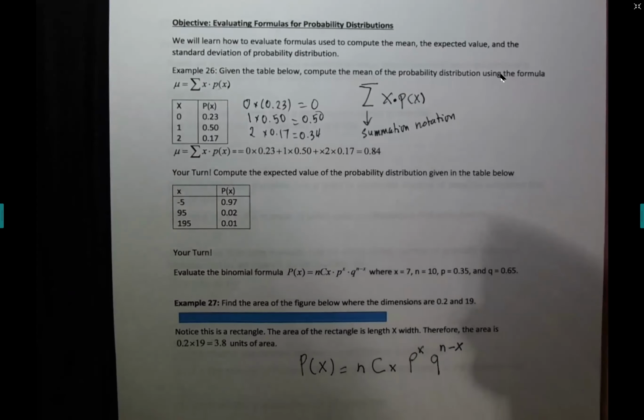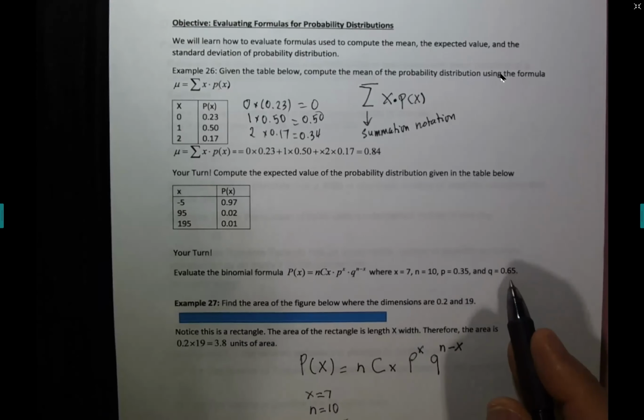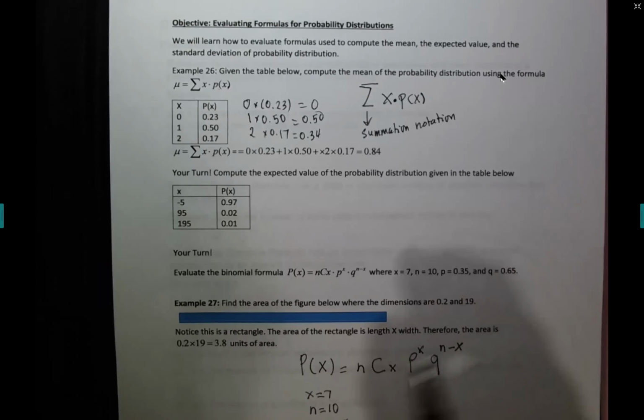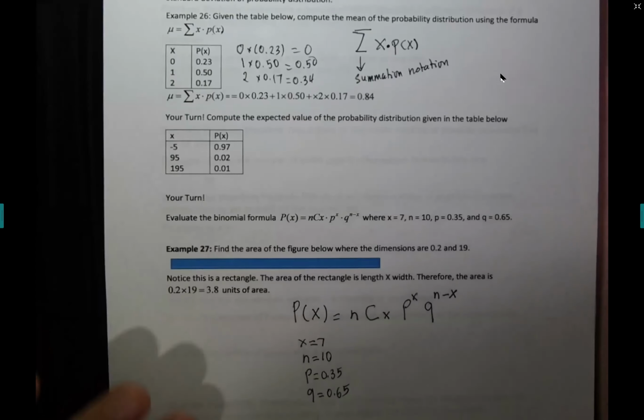So x is 7. n is 10. p is 0.35. q is 0.65. I'm just reading right here. And I want to find P of 7.